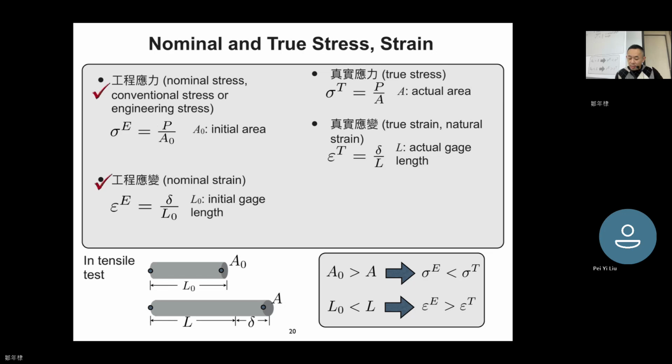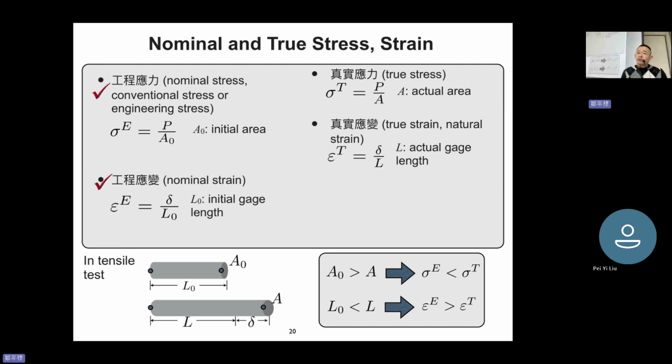In the real definition of true stress, you need to calculate the stress at that particular time, when the area has changed, and divide by that area. It will be really difficult to calculate by hand. So in our course, we're using these two.